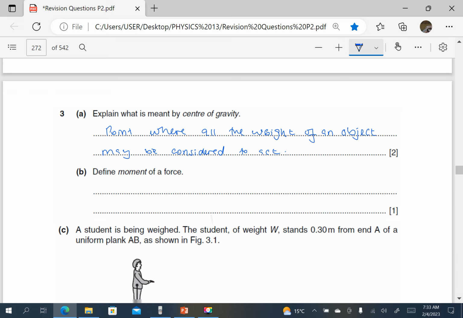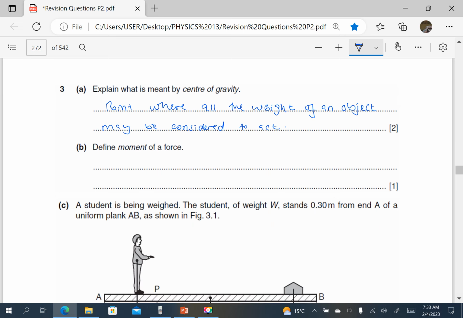Then moment of a force, that is force times perpendicular distance of the line of action of the force from the pivot.